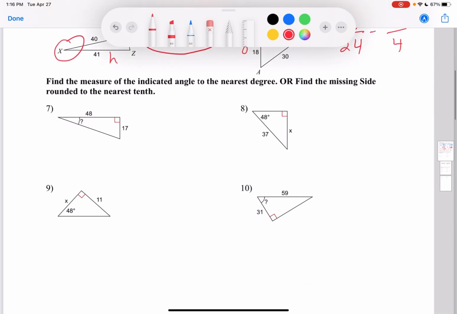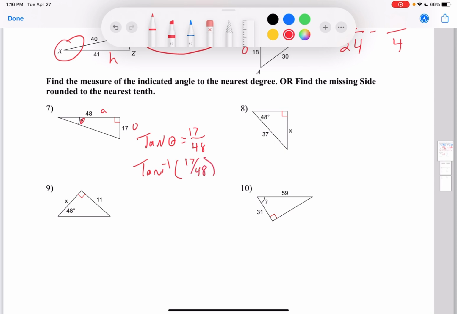Number 7, find the measure of the degree. So we want to find the question mark. So according to our question mark, this is the opposite, this is the adjacent. So we're going to go the tangent of theta is equal to 17 over 48. Since we have to find the angle measure, we're going to go tan^-1 on our calculators of 17 over 48.